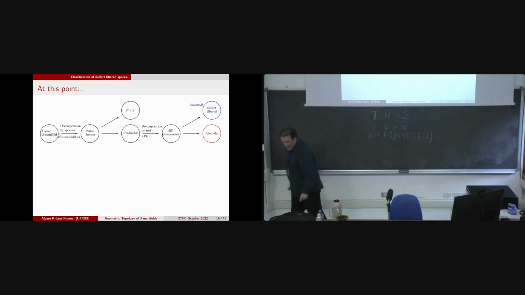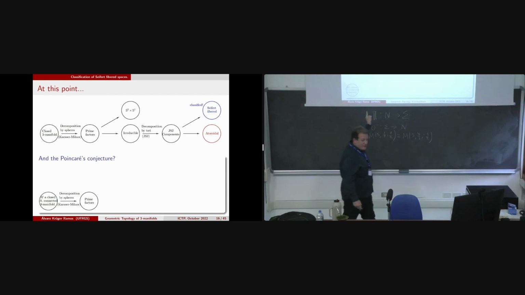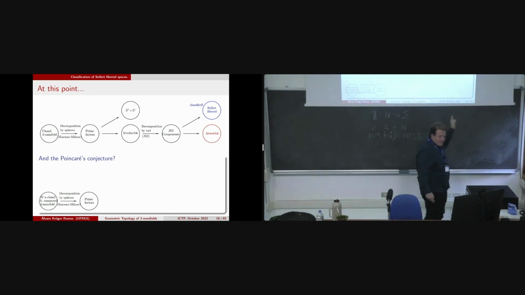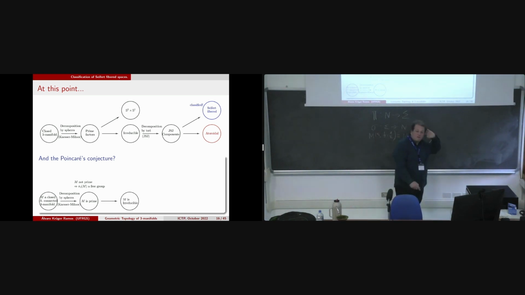Let's see if this gets us any closer to the Poincaré conjecture, just for fun. You start with your simply connected closed 3-manifold, and then you decompose it by spheres into prime factors. It's prime already, because if it weren't prime, the fundamental group would be a free product, and it cannot be simply connected.